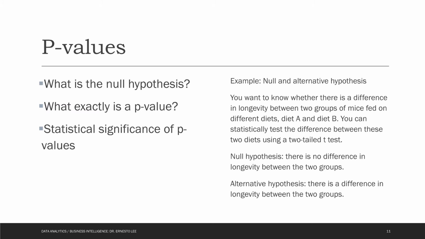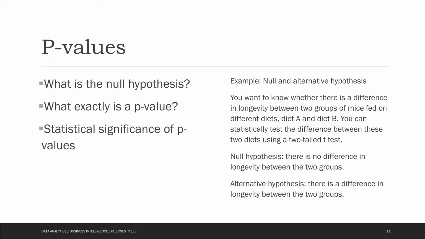This is all about statistical significance. P-values are often used by data analysts and data scientists to say whether a certain pattern in the data that they've measured is statistically significant. Statistical significance is the gold standard for identifying new knowledge.